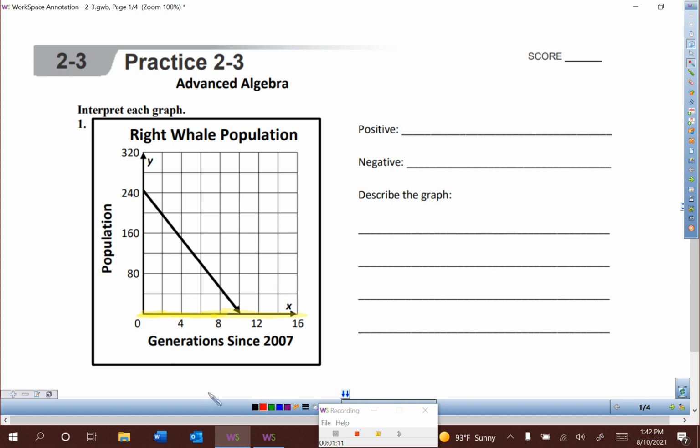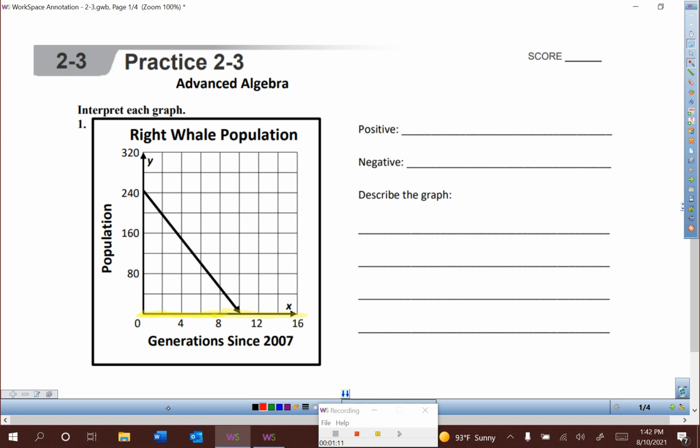Now as far as positive and negative go, it's exactly like increasing and decreasing. We're going to use that x-axis. We're going to use our values and say something along the lines of x from x equals 0 to x equals whatever number it goes to. So that will look very similar for positive and negative, just like it did on increasing and decreasing.